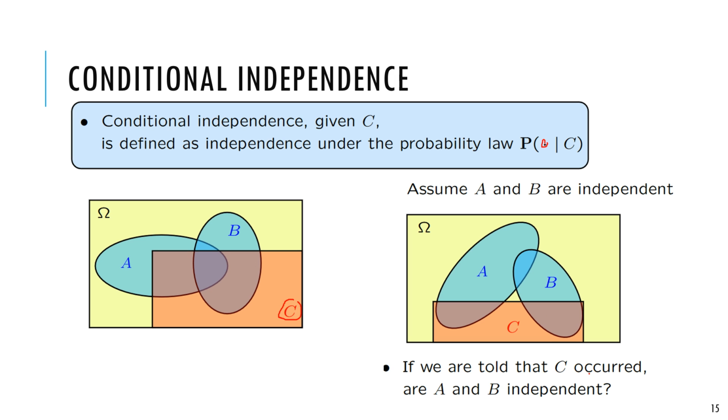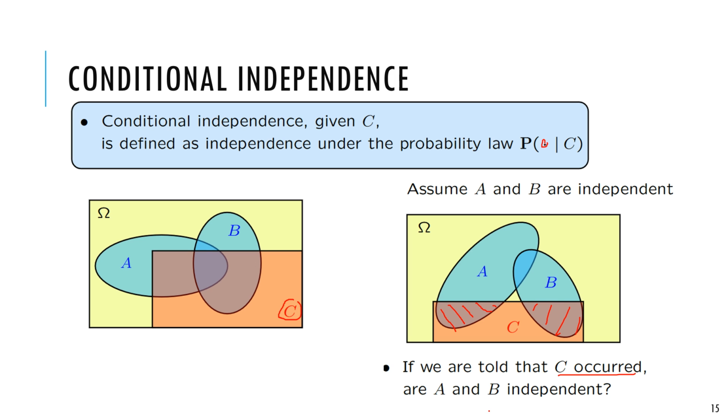If we know that C occurs, does it mean that A and B are independent again? We see that C occurs, so the sample space is just this sample space here. Since the two events are disjoint within it, if this occurs, this will not occur, and if this occurs, this will not occur.